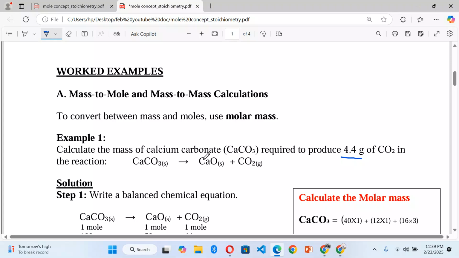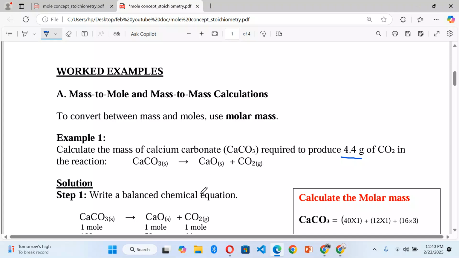On the right hand side, oxygen is distributed in calcium oxide and carbon dioxide gas. In carbon dioxide you have 2 atoms of oxygen, as you can see from the subscript, and in calcium oxide there is 1 oxygen atom. When you add the 1 oxygen atom plus the 2 oxygen atoms in carbon dioxide gas, they become 3, which means this equation is balanced. If you find that the equation is balanced, that is good.